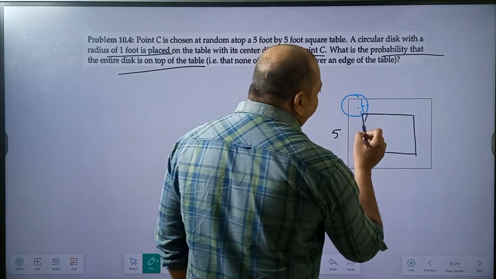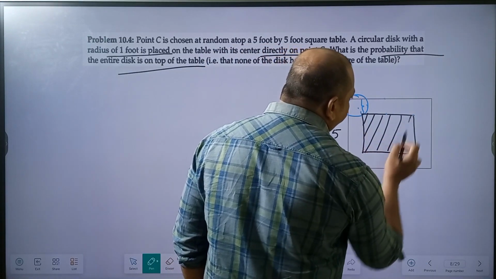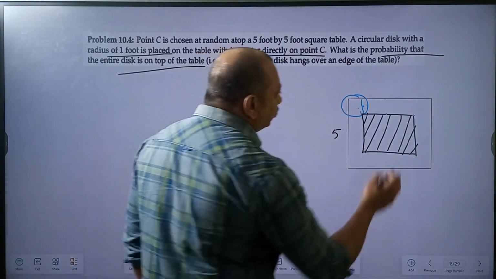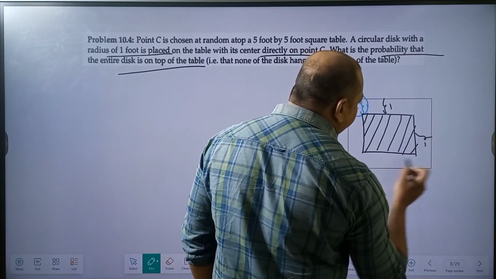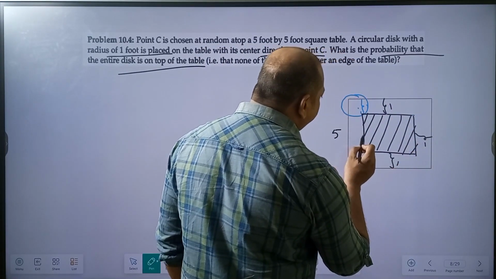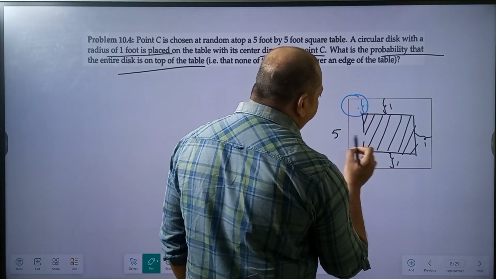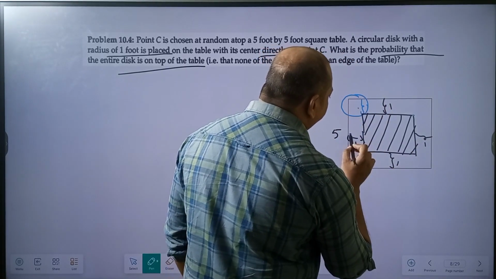This is only for the selection of the point C, the successful region. This length is equal to 1, this also 1, this also 1.